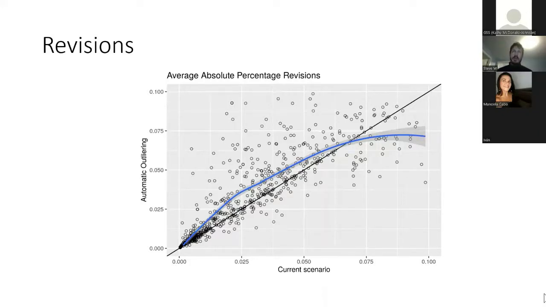So every time it reviews a selection, it will probably affect the revisions. And actually, interestingly, on the right-hand side where we're already seeing high revisions, I noticed that the automatic outliering tended to reduce those, which is interesting, but I don't have an explanation for why at the moment.